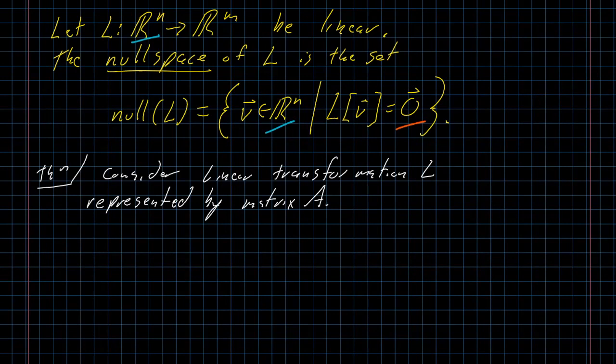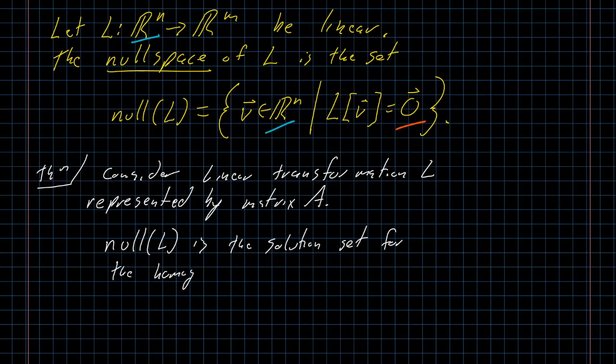All right. A very quick theorem here. Let's consider a linear transformation L represented by matrix A. Notice that the null space of L is the solution set for the homogeneous system AX equals 0.